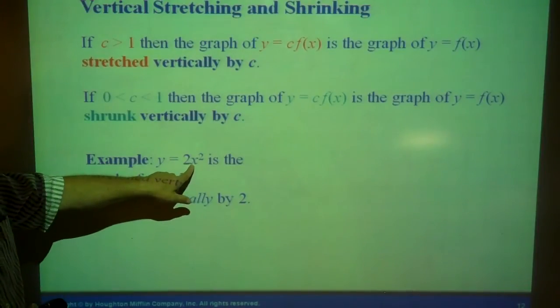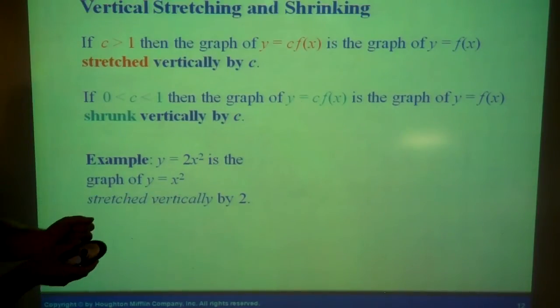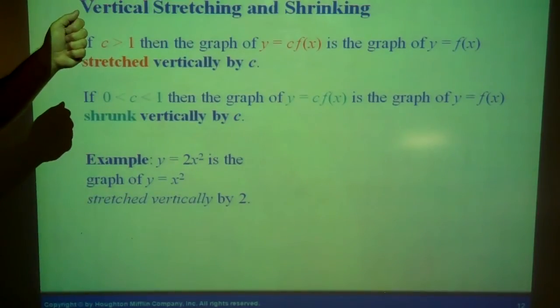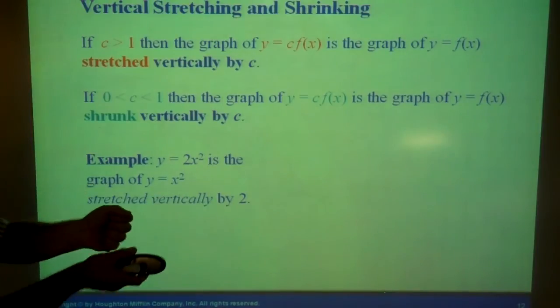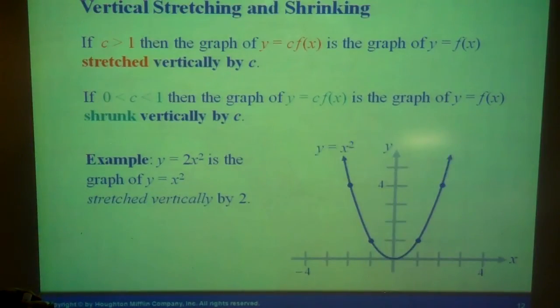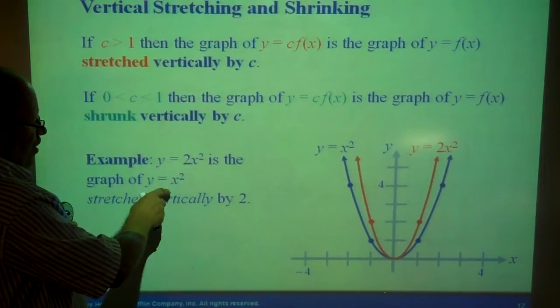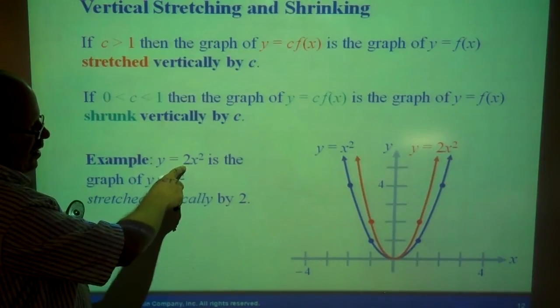Example, y equals 2x squared is going to be the graph of y equals x squared stretched vertically by a factor of 2. So it's going to look taller and narrower than x squared. For example, there's x squared. There's 2x squared. Well, why? Because if x squared is 4, 2x squared is 8.